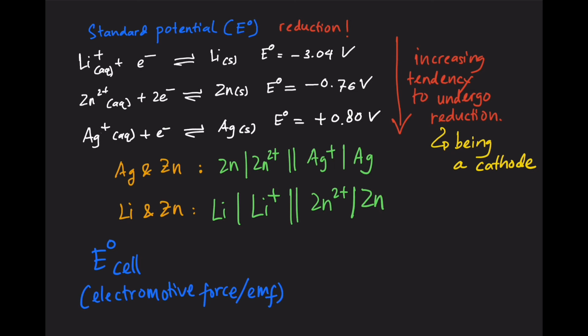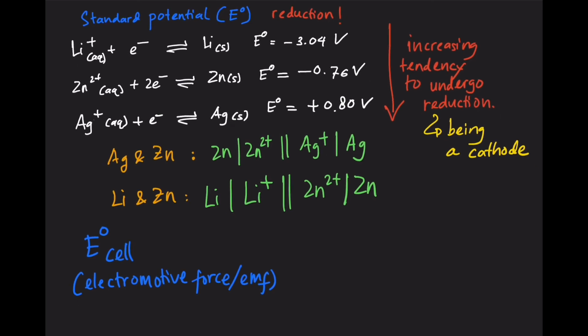Now, how do we calculate the E0 of the cell? We take the E0 of the cathode and then we subtract the E0 of the anode. So, for instance, for the Ag and Zn system, we take the E0 of the cathode system, which is 0.80, minus 0.76.